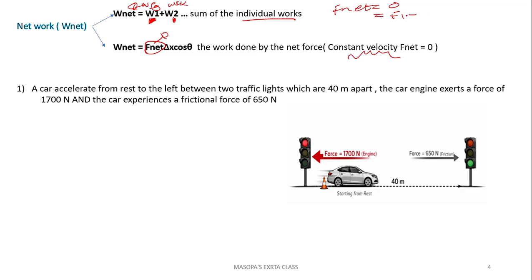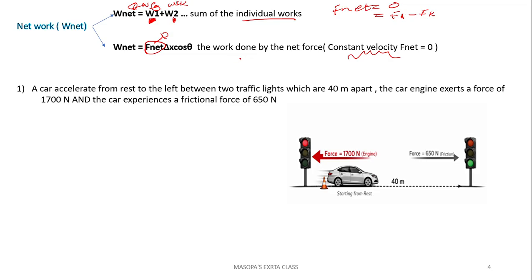Let's say we have a force applied, and the FK is in the opposite direction. So your F net will be equal to FA minus FK. Alright. So this is how you do work done by net force.